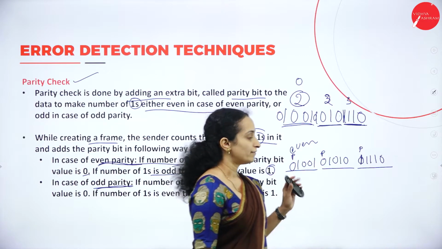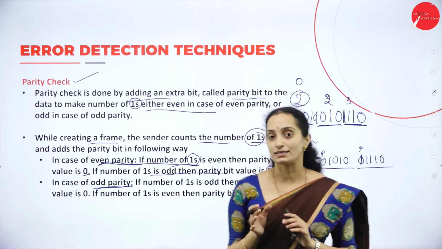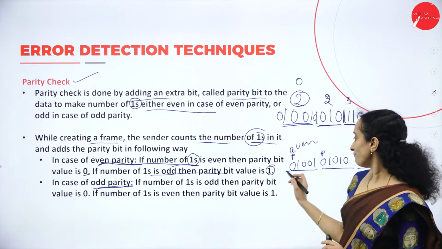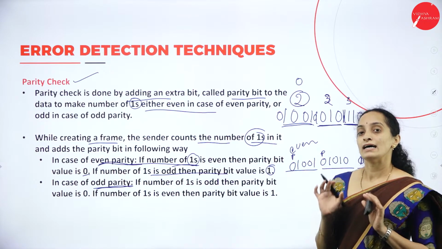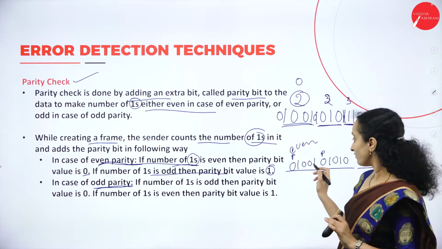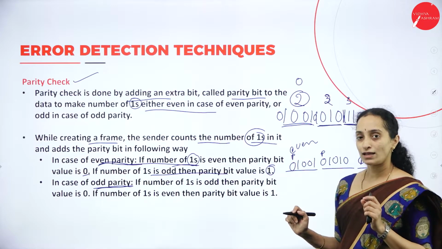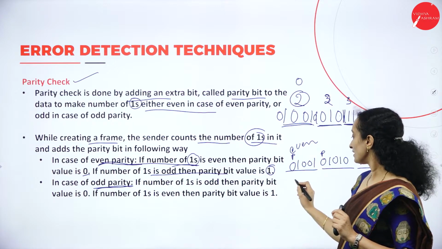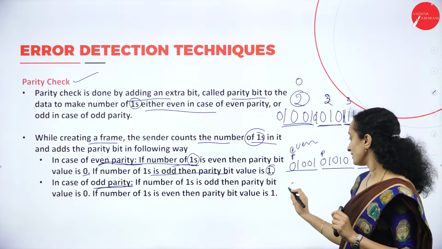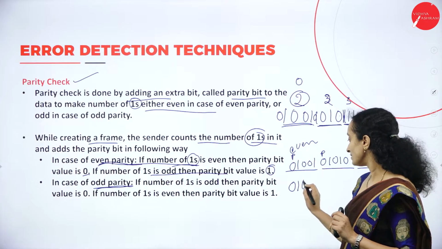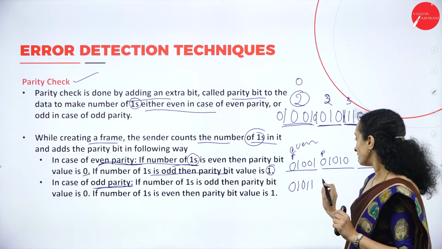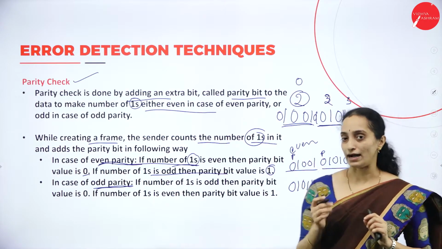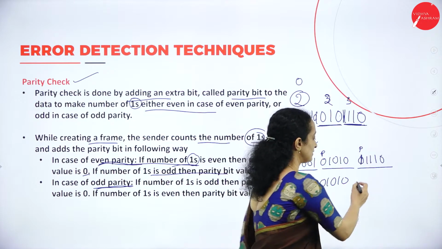When it is received by the receiver, he checks the parity bit. If there is 0, the receiver gets to know that the frame must have only an even number of ones. Suppose there is a change in the bits: 0, 1, 0, 1, 1, 0, 1, 0, 1, 0. I am the receiver and I have received this data.